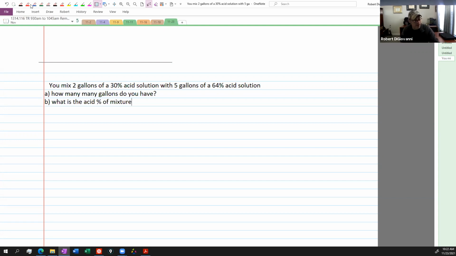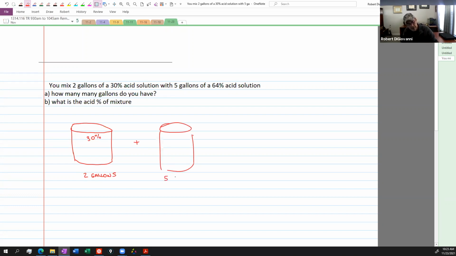So I'm going to draw pictures again. Here's my first one. Okay, I have 2 gallons of this, right? And this is my 30% acid solution right here. I'm going to add to it this one.